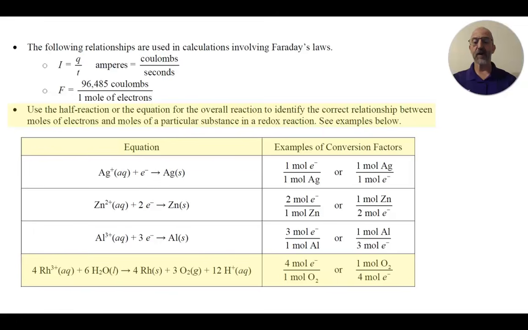So it turns out that there are 4 moles of electrons for every 1 mole of oxygen gas that's produced, or you could say 12 moles of electrons for every 3 moles of oxygen gas, O2. So just remember that if you are working a problem involving topic 9.11, where you're doing these types of calculations, make sure you get the correct conversion factor that will connect the moles of a particular substance in the redox reaction with the number of moles of electrons.